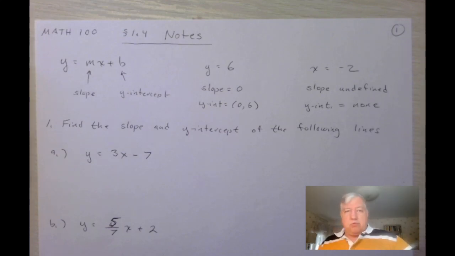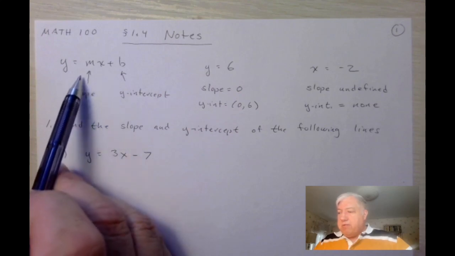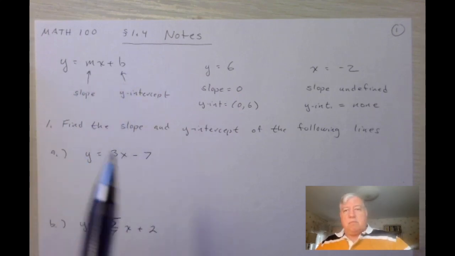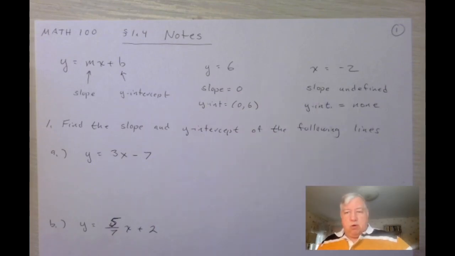The other case is when we have a vertical line. When we have a vertical line, the slope is undefined. So we don't really have anything like this anymore. But for a vertical line, all the points have the same x-coordinate. So for a vertical line, we just give, say, x equals some constant like -2, and that describes a vertical line.